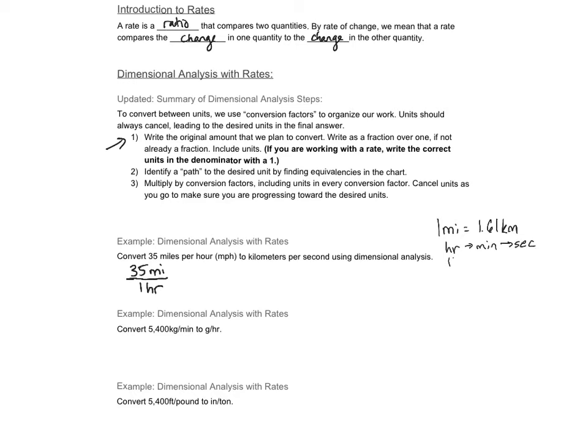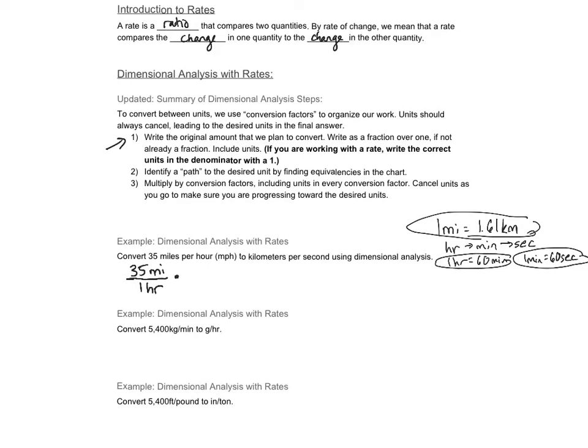Because I know that 1 hour is equal to 60 minutes, and I know that 1 minute is equal to 60 seconds. So these are really the 3 conversion factors that I'm going to need to use for dimensional analysis here. And what you have to pay really close attention to is what needs to go in the numerator and what needs to go in the denominator.